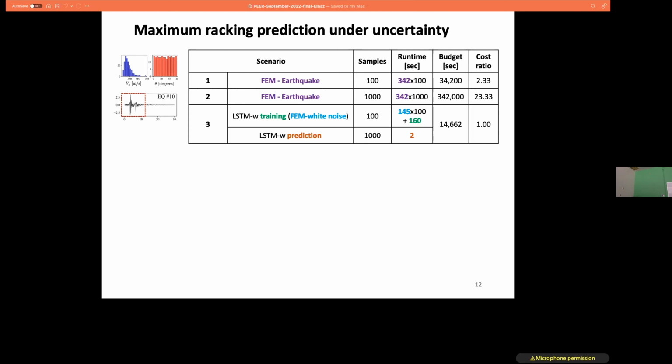And the third scenario is, let's see how much I need to train a model and then use that for prediction. For training the model, since I'm using the white noise and only 5 seconds, the duration I need for the forward simulation would be 145 seconds, because I'm not using the same airspeed excitation, and I only did sampling for 100 cases.